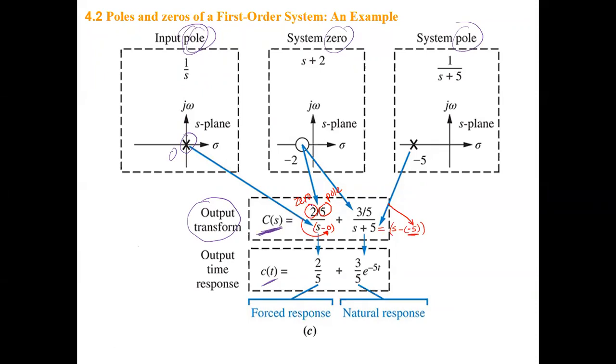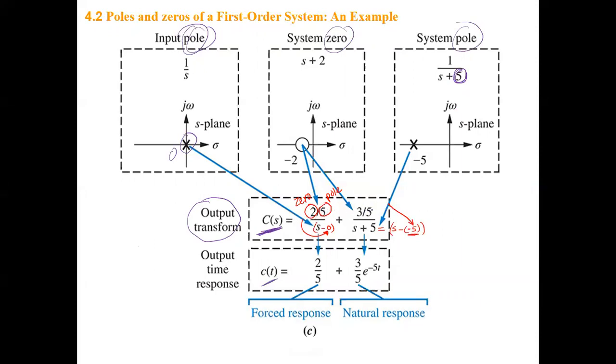Remember you had 2 over 5 on the top, right? This 2 is coming from the system zero, which is -2. That's what this 2 is. And this 5 is coming from the system pole. See, this is 5.